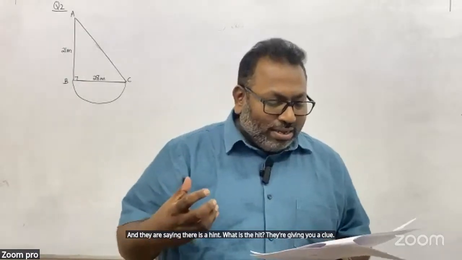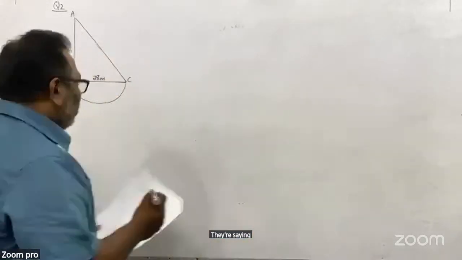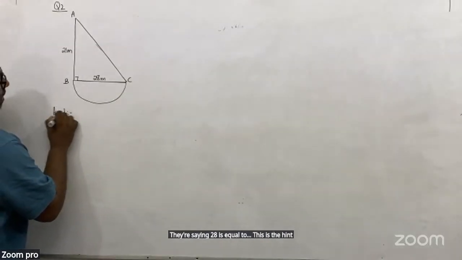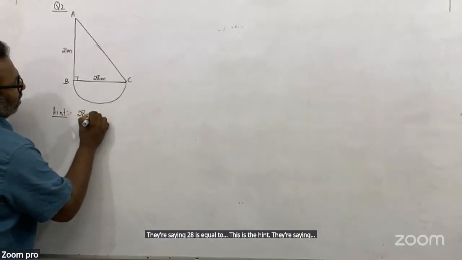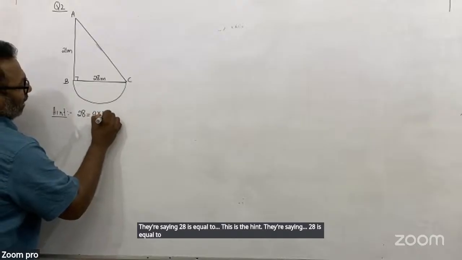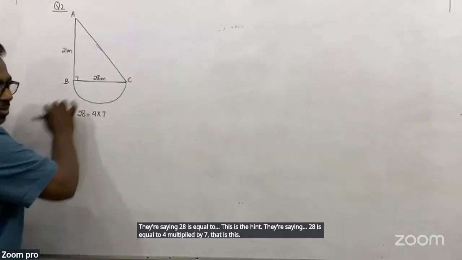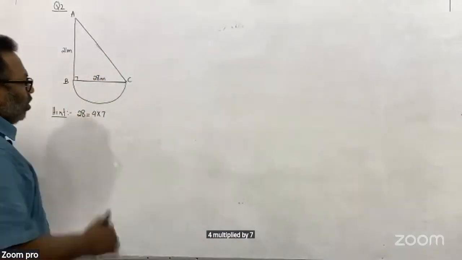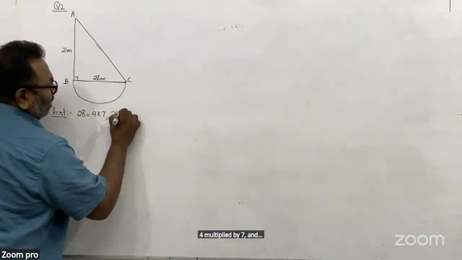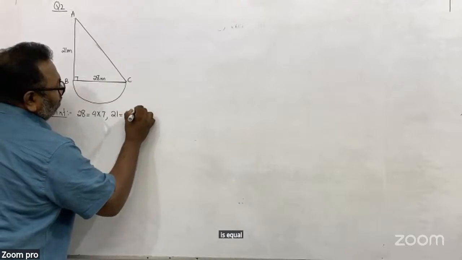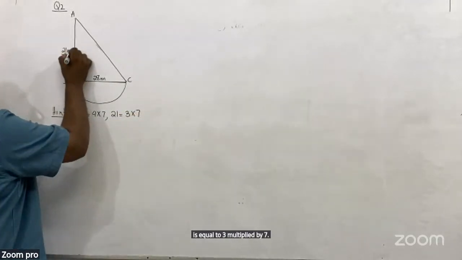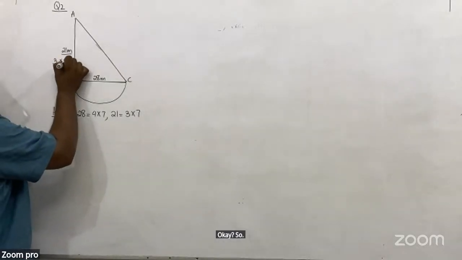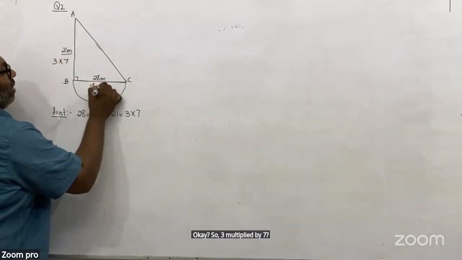They're saying 28 is equal to 4 multiplied by 7, and 21 is equal to 3 multiplied by 7.